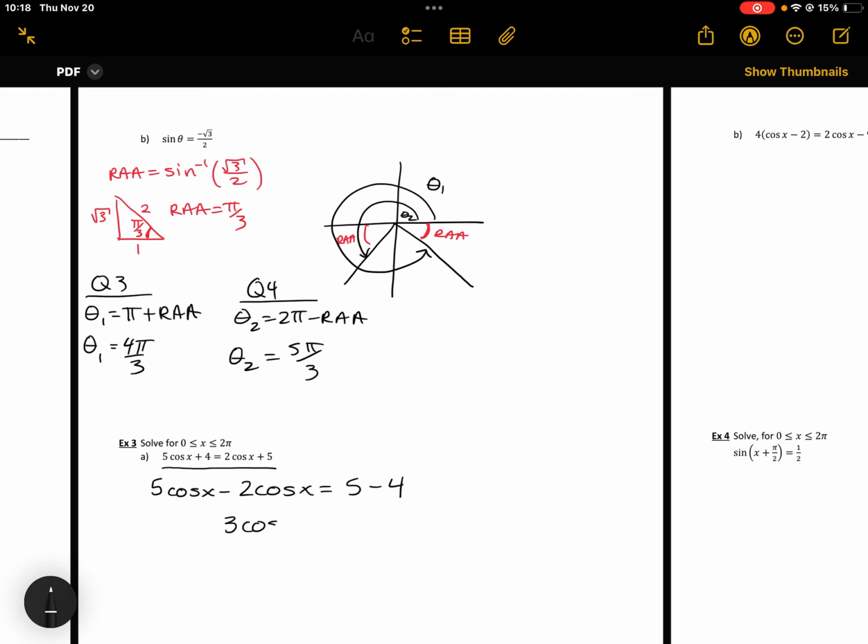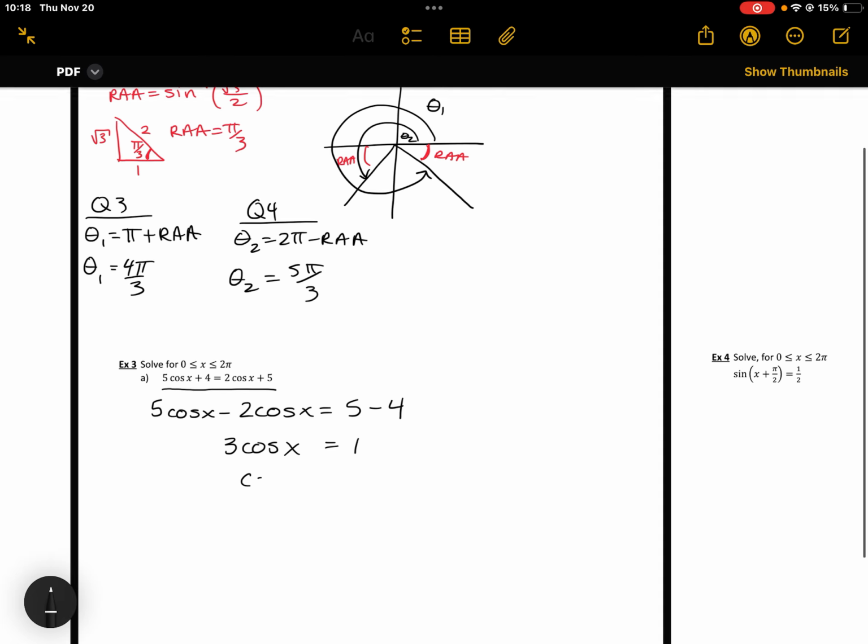That means here I've got 3 cosine x on the left and 1 on the right. Isolating cosine x gives me 1 over 3. Because my cosine ratio is positive, I know I have a solution in the first quadrant and in the last quadrant.